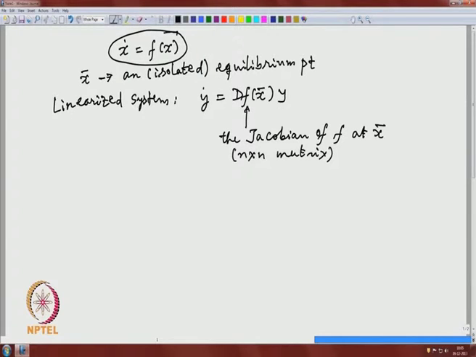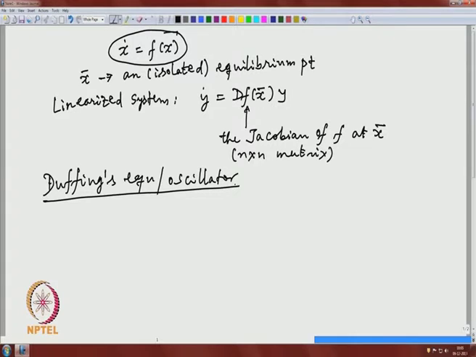So, we are doing examples. Let me again recall Duffing's equation, or it is also called Duffing oscillator. After some simplification we reduce the equation with many parameters to only one parameter.